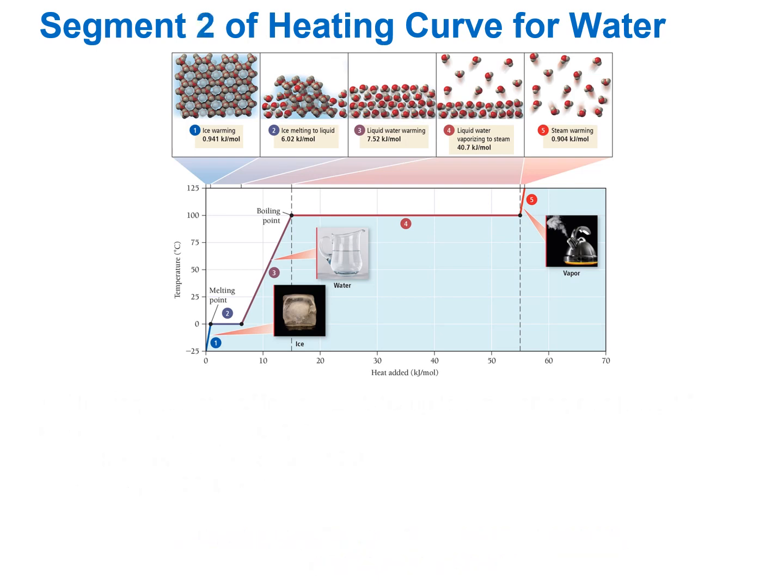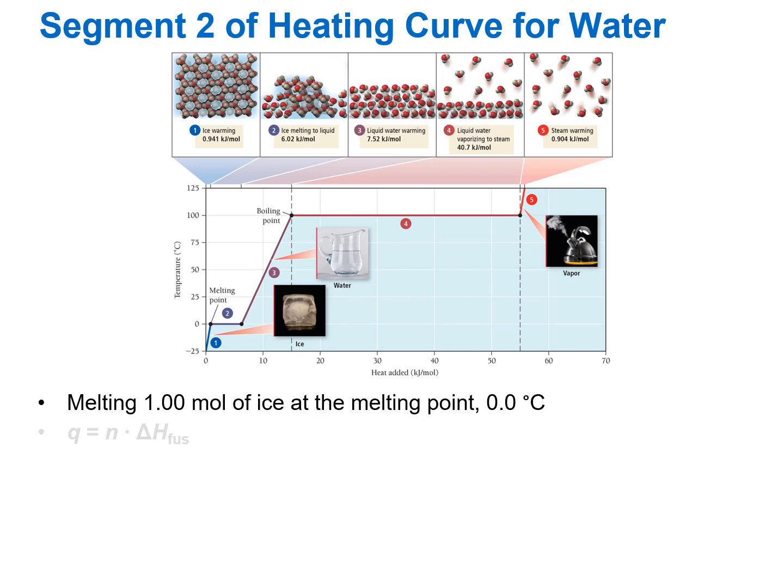All right, now if we look at what's happening at number 2, we've got melting occurring. We've got 1 mole of ice melting at 0 degrees Celsius. We're given a certain amount of ice, 1 mole, and we have only one temperature. So how would we account for the energy that's happening here? Well, because this is a melting and we're not undergoing any sort of temperature change, we're going to have to use the heat equation involving the heat of fusion.